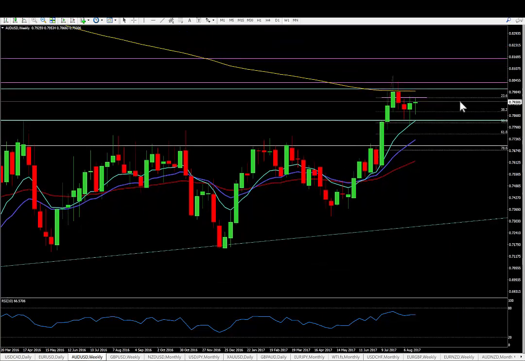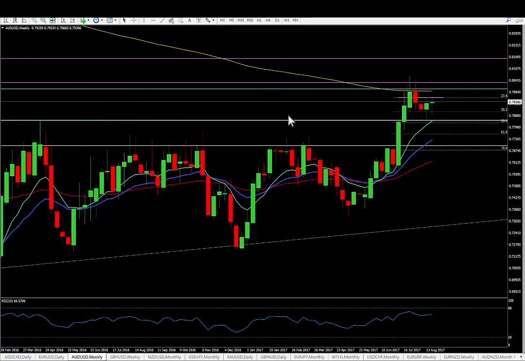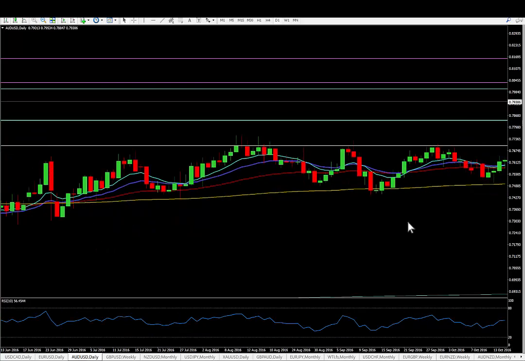And that's not this pink line here. That is the, what was that? One second. Oh, sorry, my apologies. This pink line here is actually the 50, and the pink line here is an area of consolidation, which is not to do with the daily.